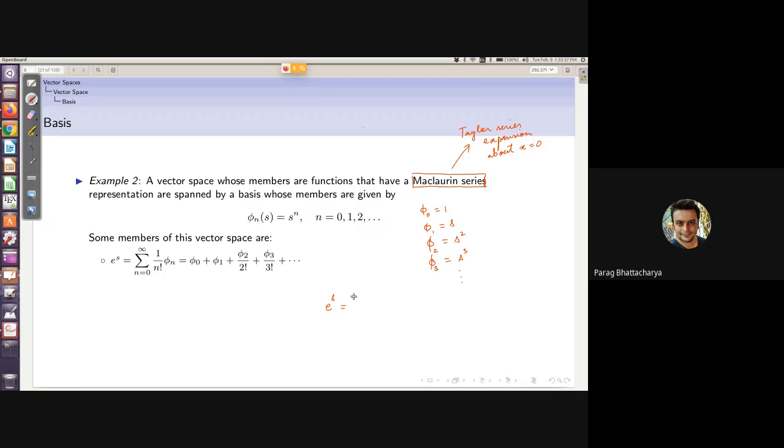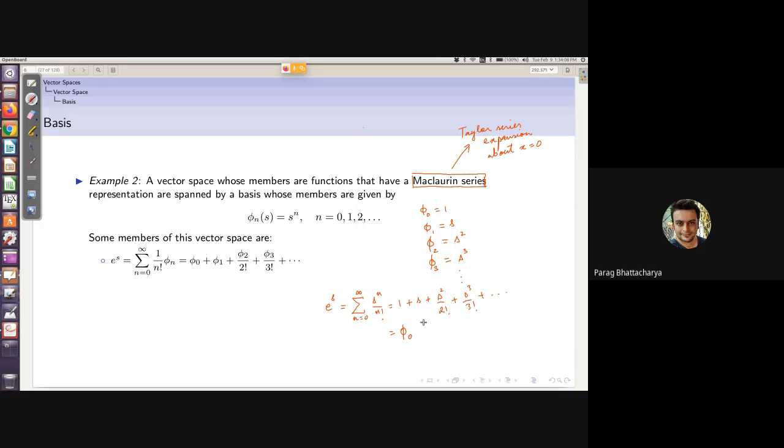It is the summation of s to the power n by n factorial, n equals 0, 1, 2, 3, 4, and so on. So that means 1 plus s square by 2 factorial plus s cube by 3 factorial and so on. And you can see here, 1 is nothing but your phi 0.